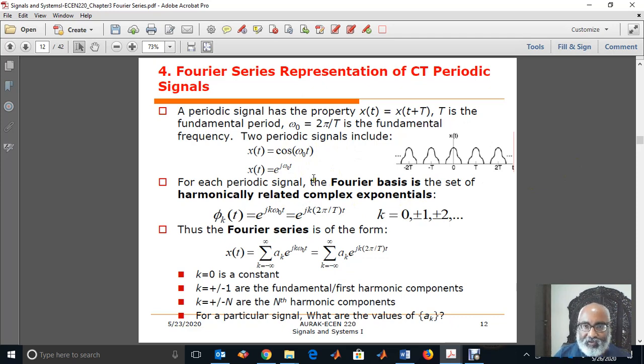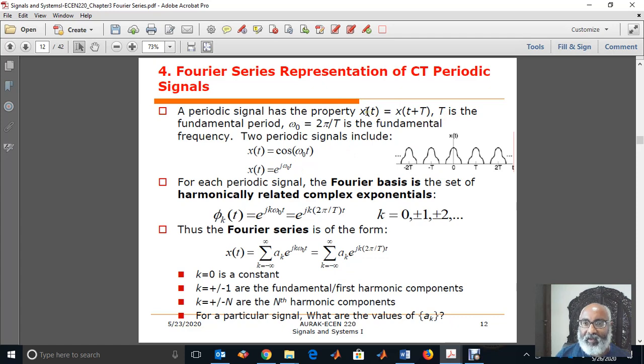First of all, just to refresh from chapter 1, the concept of periodic signal. A signal is said to be periodic if x of t is equal to x of t plus capital T for some capital T, which is a positive number.